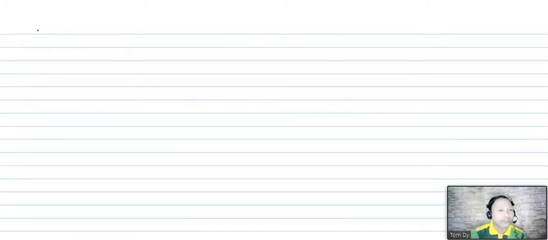Take note, if we have the integral of du equals u plus c, I am rewriting this formula again.